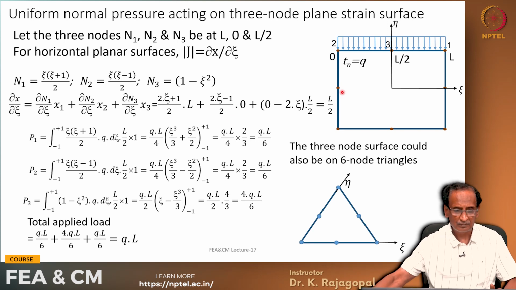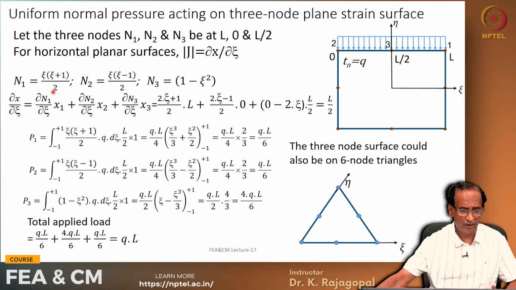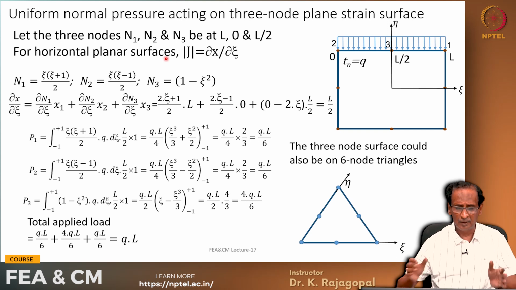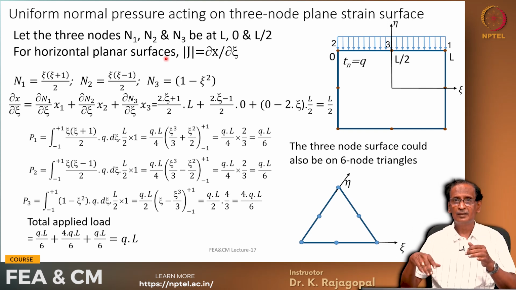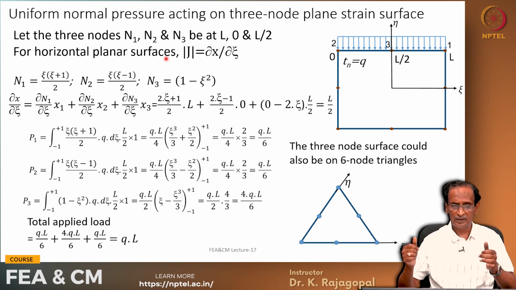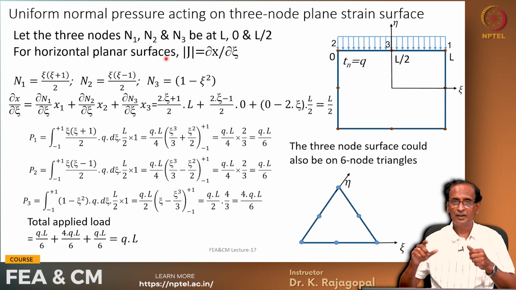and so our N1 is xi times xi plus 1 by 2, N2 is xi times xi minus 1 by 2, N3 is 1 minus xi square, and the determinant of the Jacobian matrix is simply dou x by dou xi, because we have only one coordinate xi.